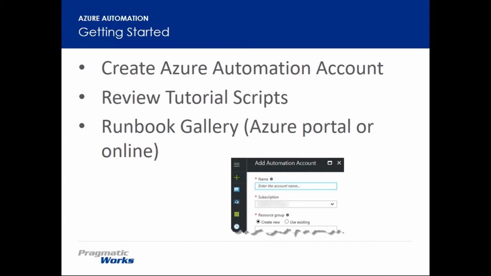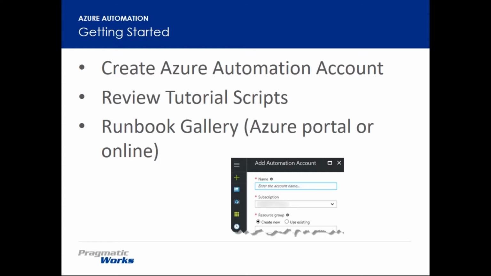Also, if you're new to PowerShell, there's something called the Runbook Gallery. There are a number of runbooks that have been created, many of them by Microsoft, but many of them by people in the community. People have written a lot of runbooks already that will do some of the tasks that we've mentioned earlier, like scale up, scale down of the database, or moving files in and out of blob storage, or turning VMs on and off.